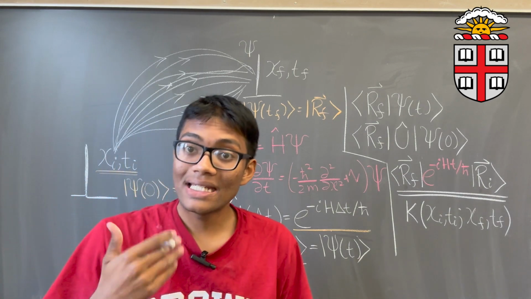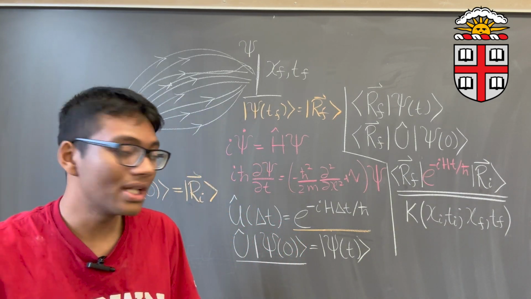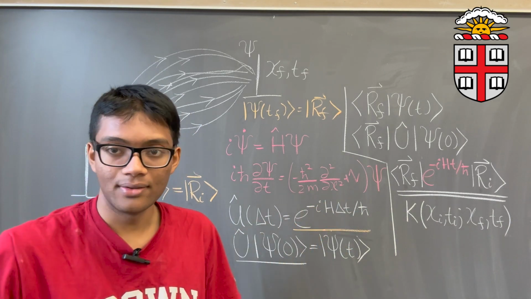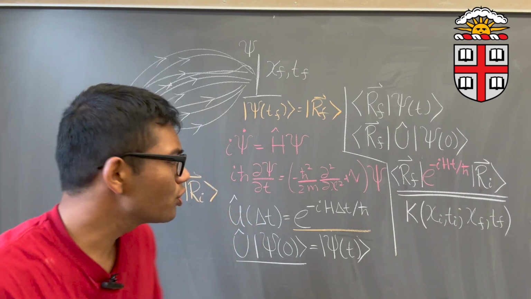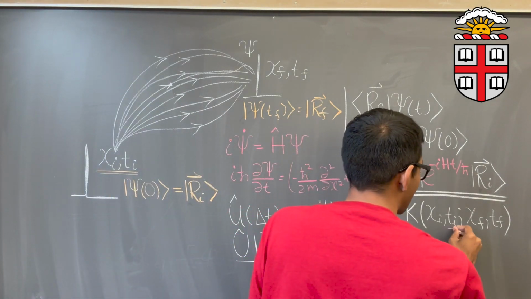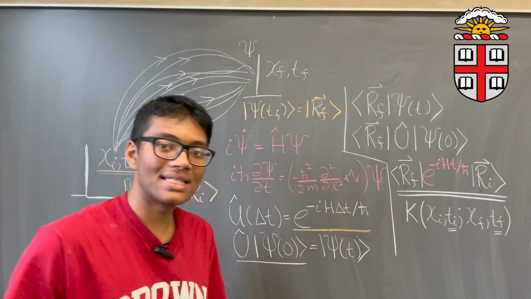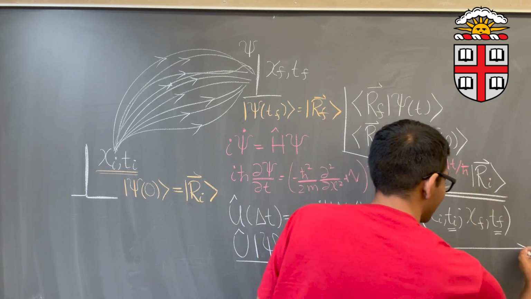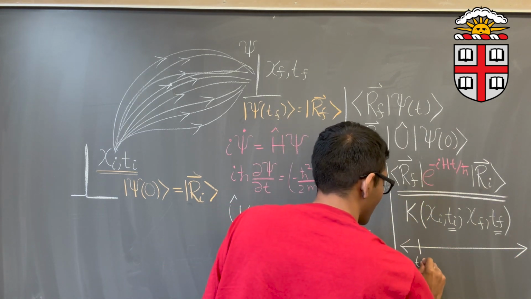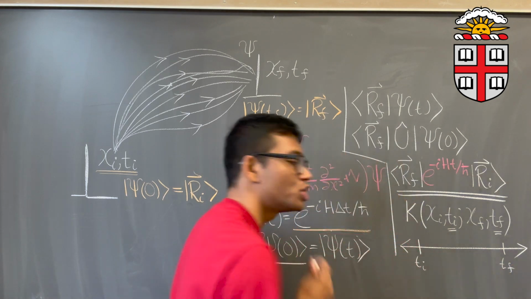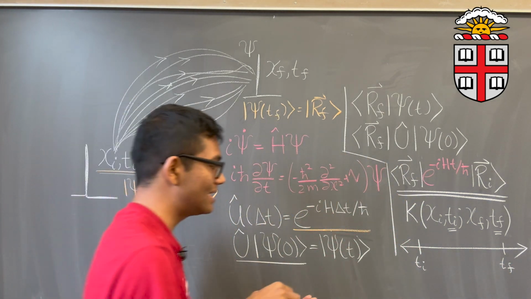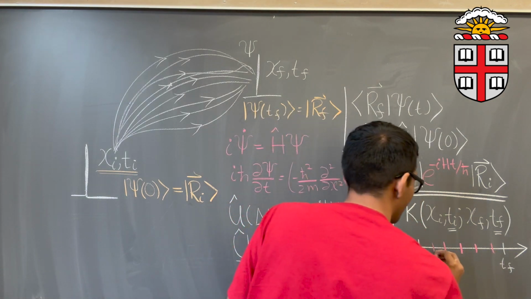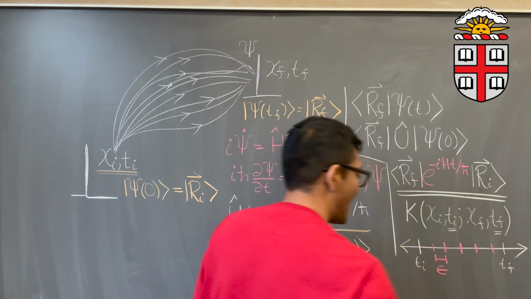Now what we're going to do, the next job for the Feynman path integral, is to discretize the time interval for the propagator. What do I mean by discretize? Well, take a look at what we have here. We have the initial time t sub i, the final time t sub f. Our next business is going to be to take this time interval, t sub i to t sub f, and chop it up into infinitesimally small pieces, each with an interval length epsilon.